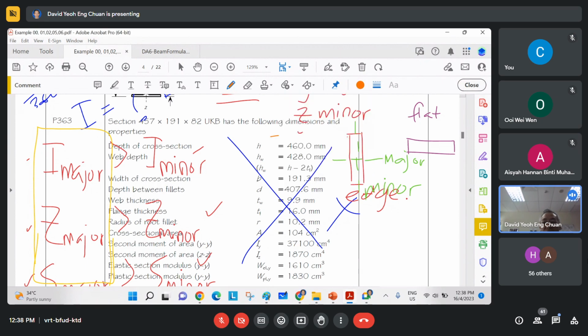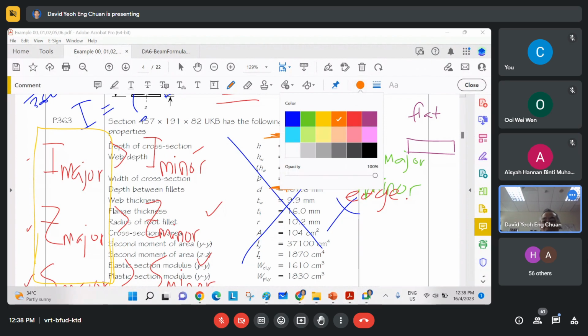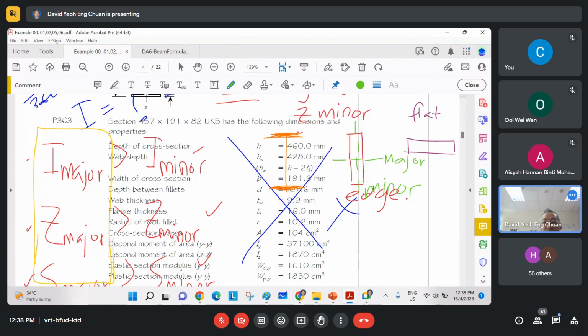So it's going to be like this. Okay, so here we will have, that's the major, which we have as Y. Can I get the center line? No, it's not really at the center. So this will be the minor, which we will call the Z.